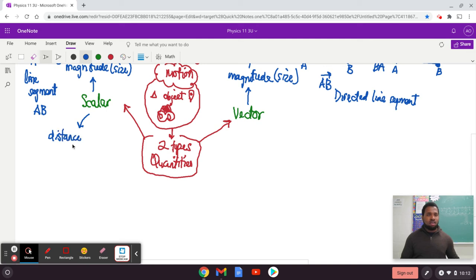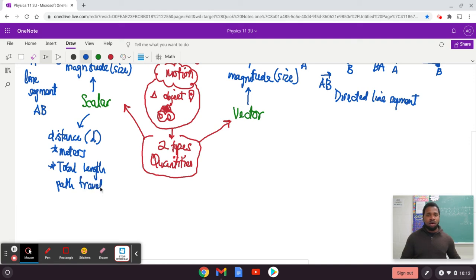Distance here is represented by the variable d, and it is measured in meters. Take note that this is expressed as the total length of a specific path traveled by the object.